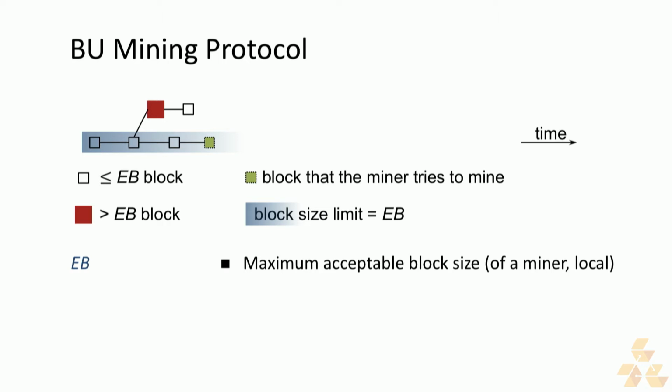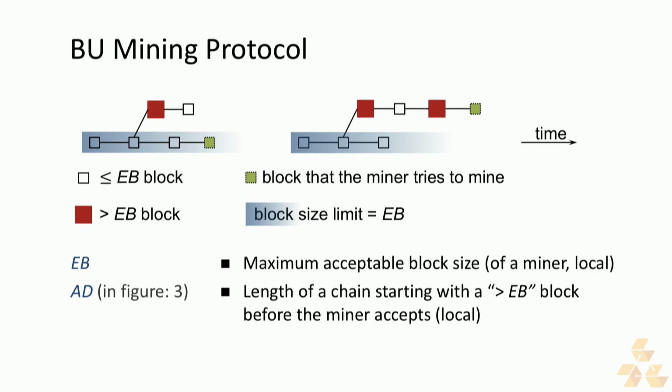To prevent a miner from mining indefinitely on a chain that is abandoned by the rest of the network, there's an extra mechanism called AD. As long as the length of a chain starting with a larger than EB block reaches a certain length, which is AD, the miner accepts the chain. In this example, AD equals 3.